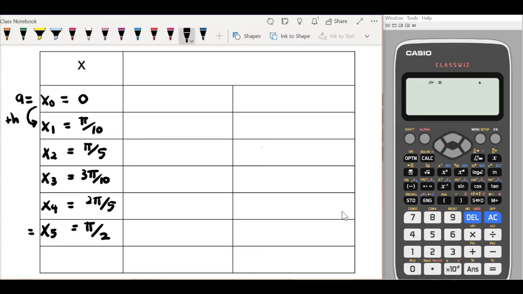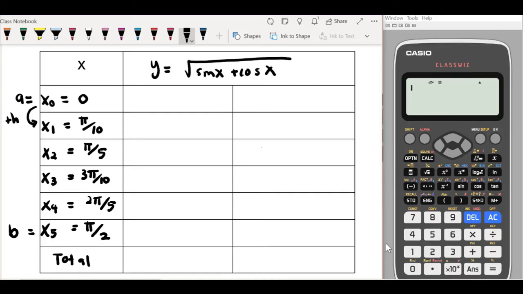The last value of x is basically our upper limit, or b. Alright, so that's all the values for x. Now we have to find the y values. So our function, I just rewrite it back: sec of sine x plus cos x.